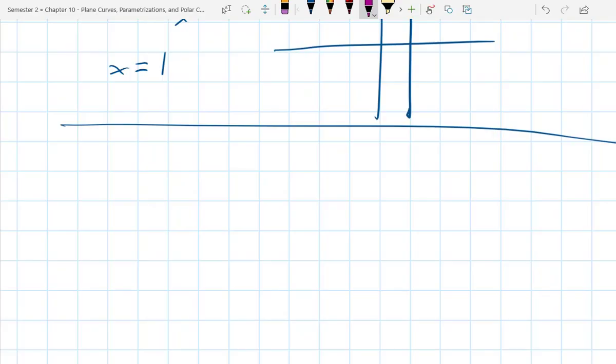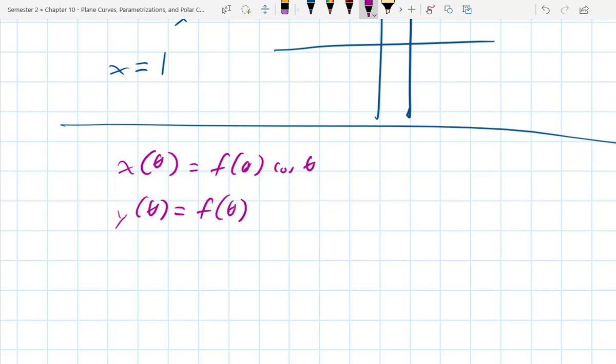Okay, fine. But the thing is, if you have a graphing system that doesn't have polar but does have parametric, which is common on a lot of computer graphing systems, one thing you can do for parametric equations is say x of t is equal to the function in terms of theta times the cosine of theta, and y of theta is equal to the function times the sine of theta.